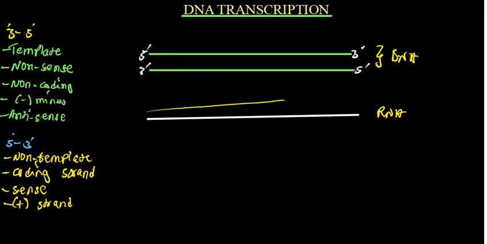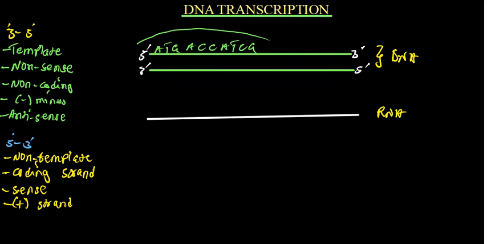So let's say I had bases on the coding strand, let's say I'll start with ATG, then ACC, AUC. Sorry, we can't have uracil in DNA. So here, let me say TCG. If this is the base sequence on the sense strand, what are going to be the complementary bases on the template strand?